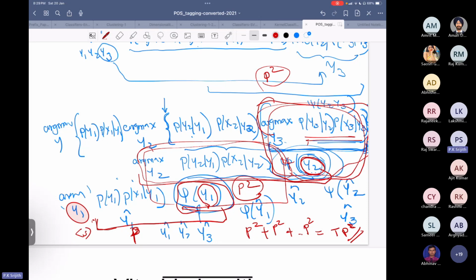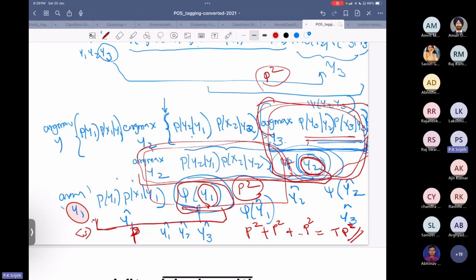Okay, so is this clear, like how these p raised to t can be reduced to something like p square into t by bringing these argmax inside the product? So in general, in probabilistic graphical models, people consider these kind of efficient way to perform inference.